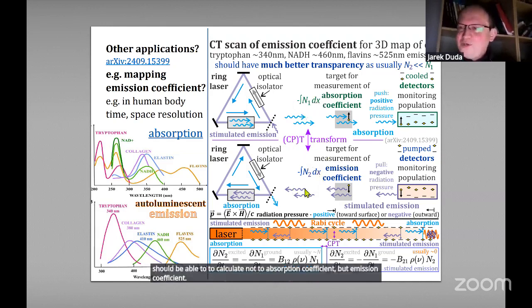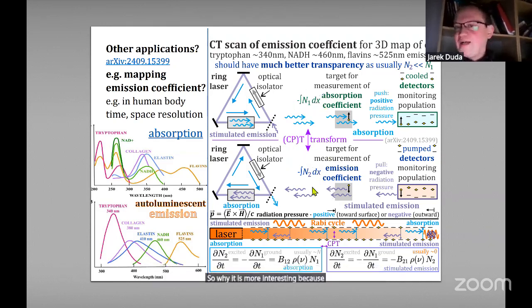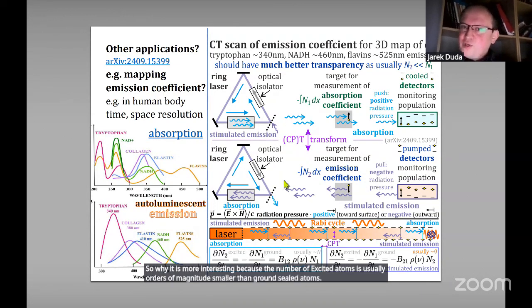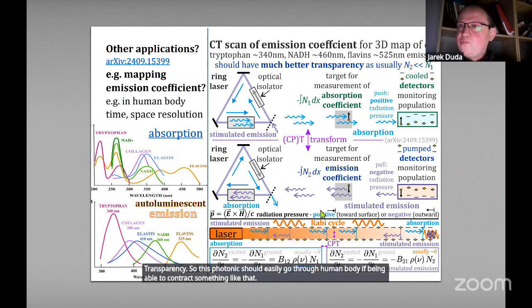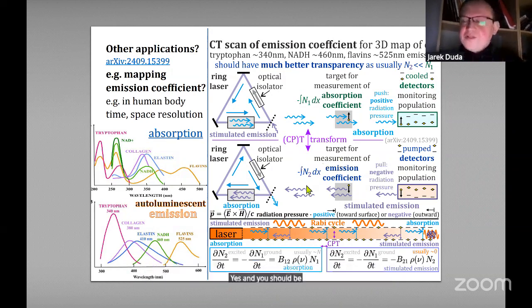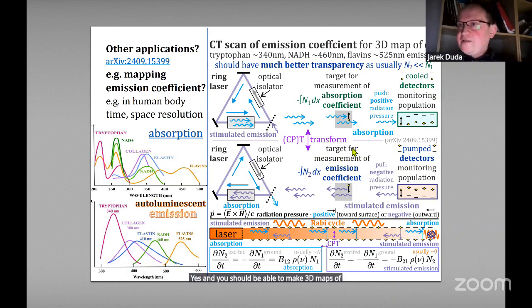So why is it more interesting? Because the number of excited atoms is usually orders of magnitude smaller than ground state atoms. So this one should have much better transparency. These photons should easily go through the human body if we are able to construct something like that. You should be able to make 3D maps of excited molecules at a given frequency in the human body, for example.